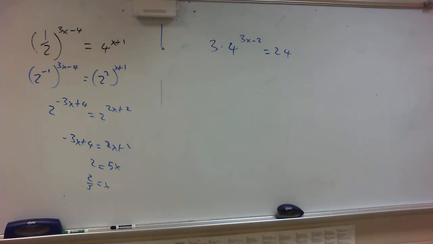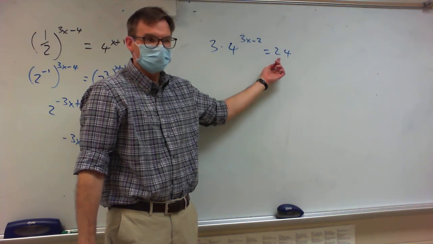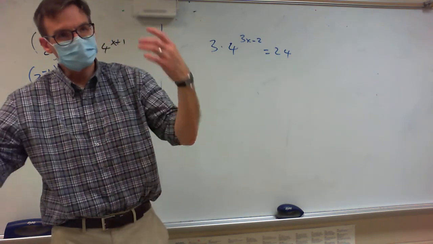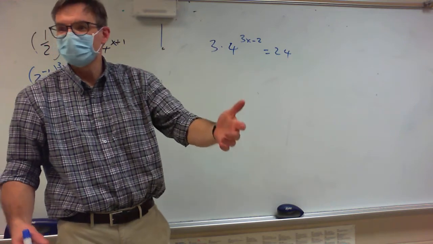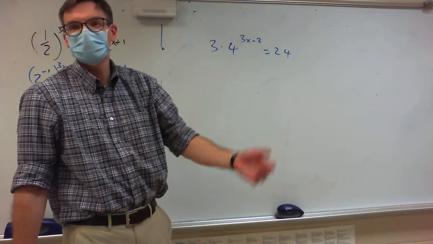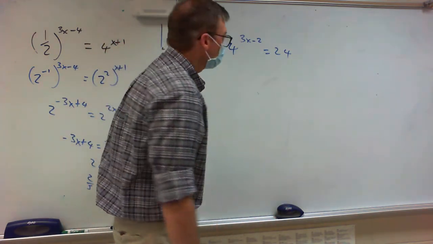Divide by 3. I mean, you could look at this and say, well, 24 isn't anything to a power. Notice how all the other numbers I gave you were like something squared, something cubed, something to the 4th. 24 isn't any of that. You're stuck. You have no clue how to do it. But you got that stupid 3, so we divide both sides by 3.